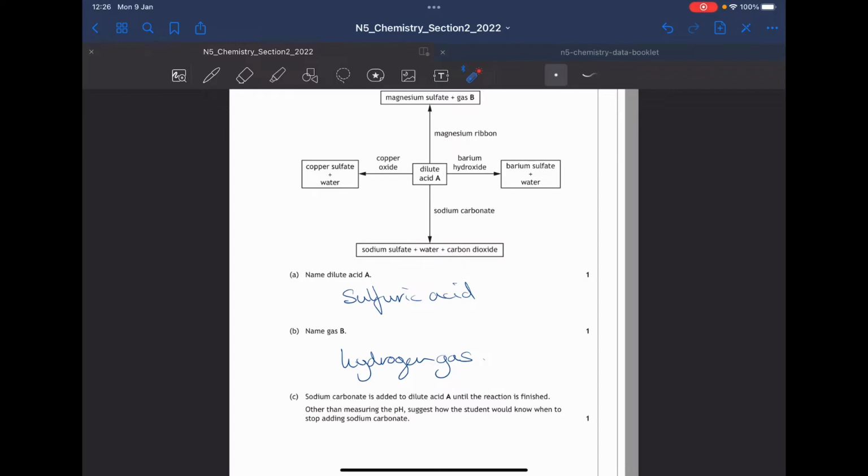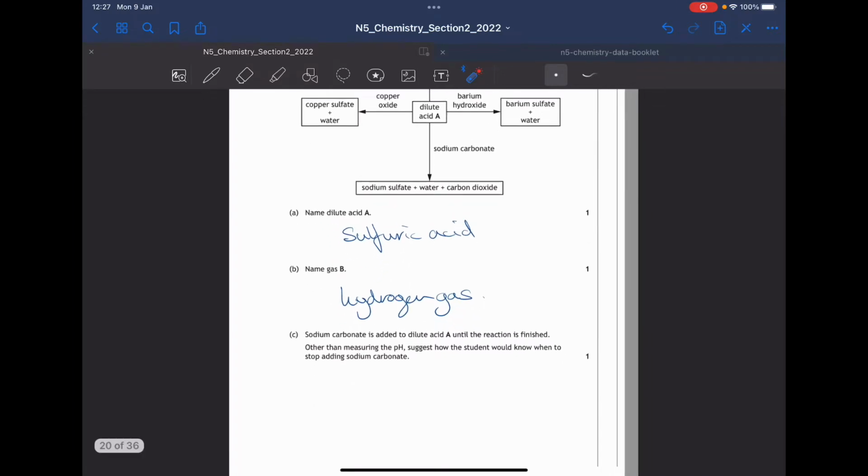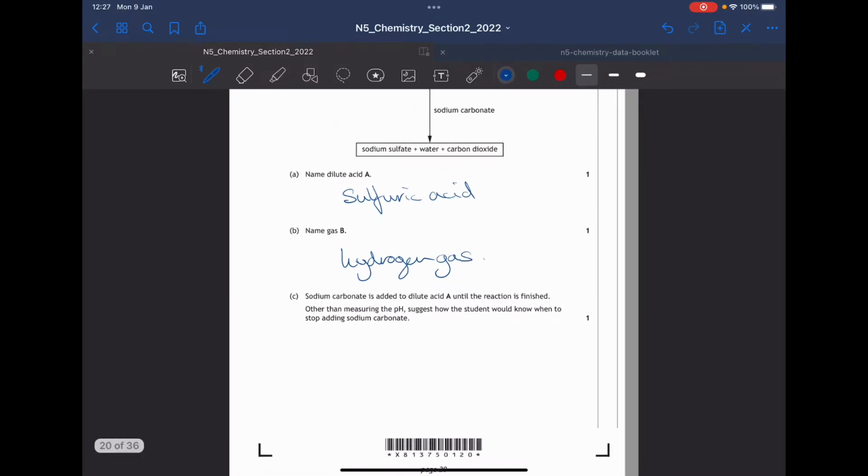So anytime you use a carbonate in a reaction, it will produce carbon dioxide gas, which means that you know the reaction's finished when it stops fizzing or bubbling. So that's why it's quite useful for neutralisation reactions, because you can actually see when the substance has been neutralised, because the bubbles will stop. So it stops fizzing or bubbling. You can use either word really.